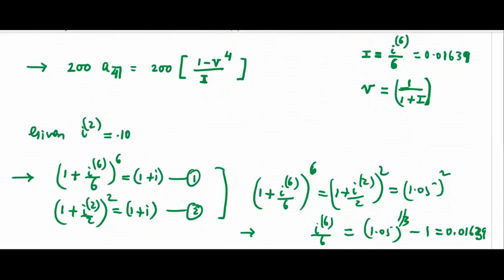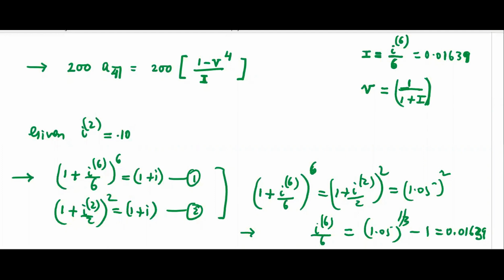So that 10% is convertible semi-annually, which translates to 5% each 6 months. Now, let me confess that I would have been confused because I knew there's a 5% and there is also an i6 by 6. So here what we are doing now is to calculate i6 by 6 based on the given convertibility. You said that convertible translates to compounded half yearly because they are the same thing, right?